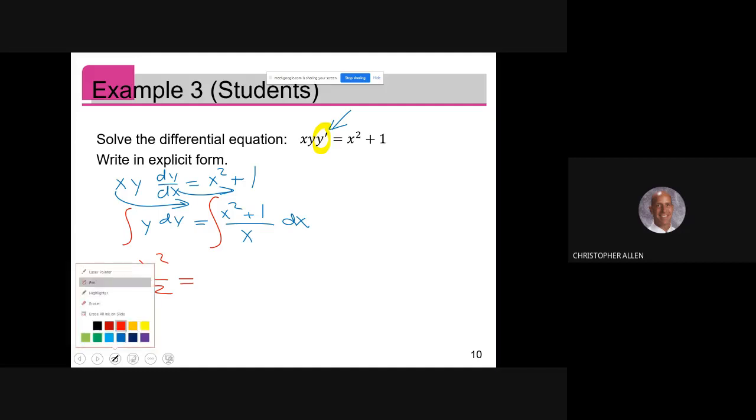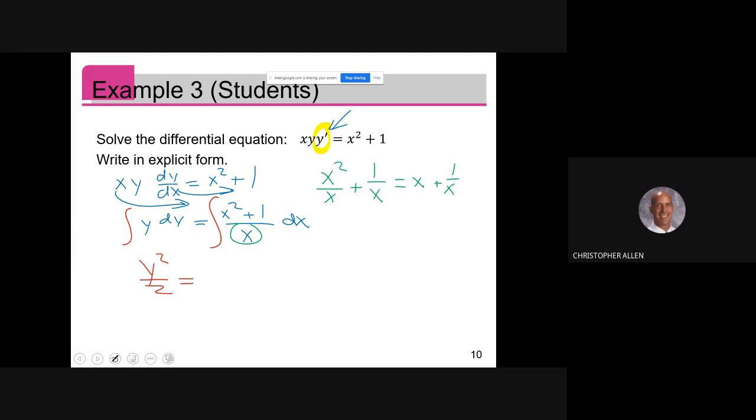That is exactly right. So what we want to do here is this x squared over x, and then just do 1 over x. So what we're doing here, if you will, is we're kind of distributing the 1 over x. And of course, x squared over x is just x, and 1 over x, well, there's not much I can do with that. It's just 1 over x.